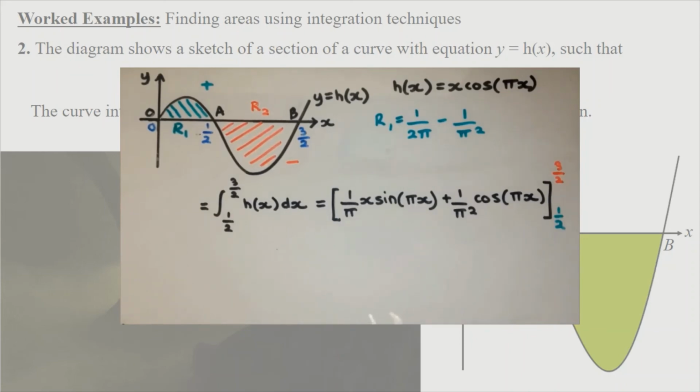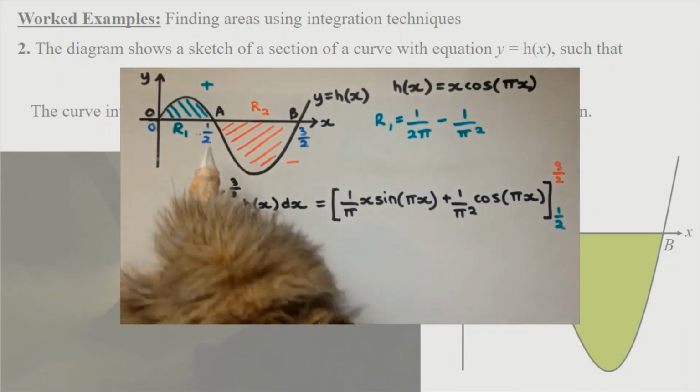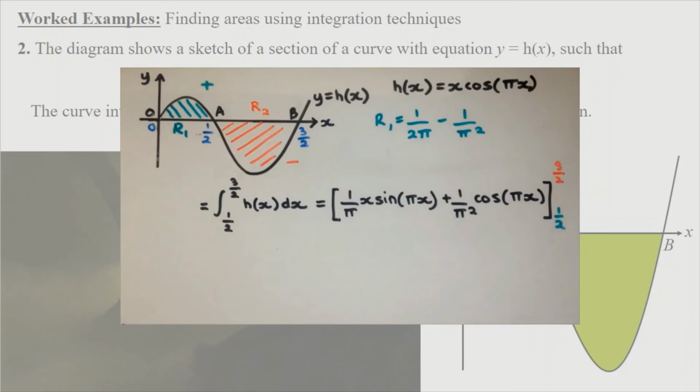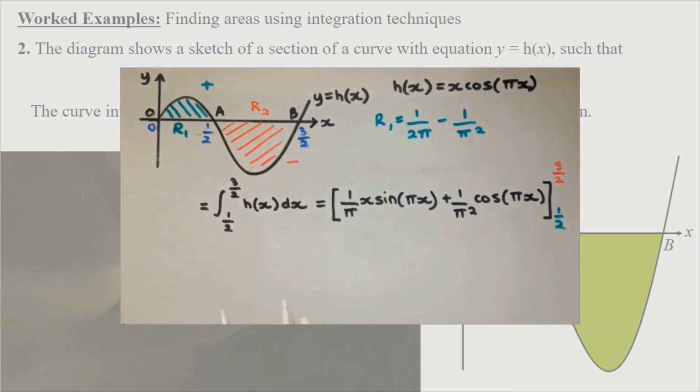We need to be clear about what we're evaluating. So if I integrate this curve between 1/2 and 3 over 2, ask yourself the question, is the sign going to be positive or negative? Okay, and clearly, because this is below the x-axis, this is going to give us a negative answer.